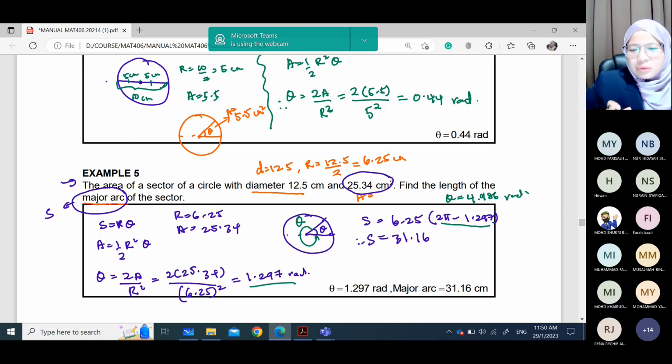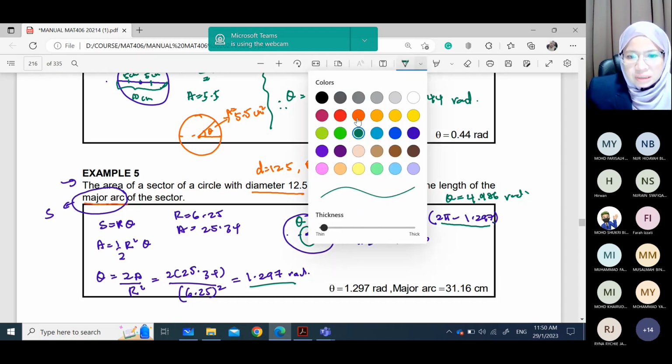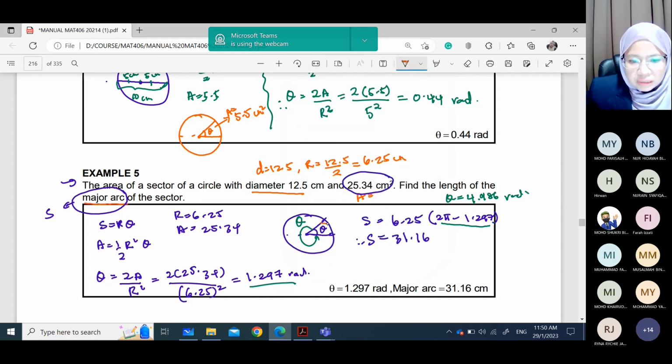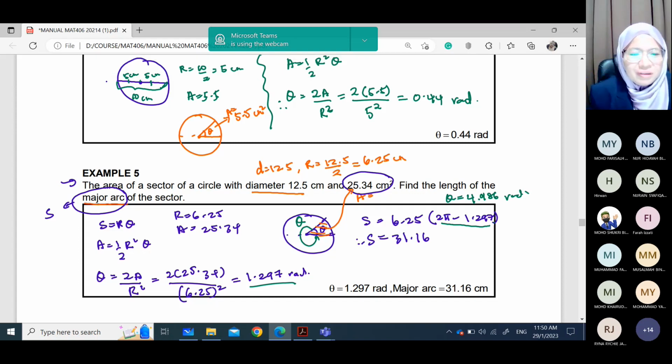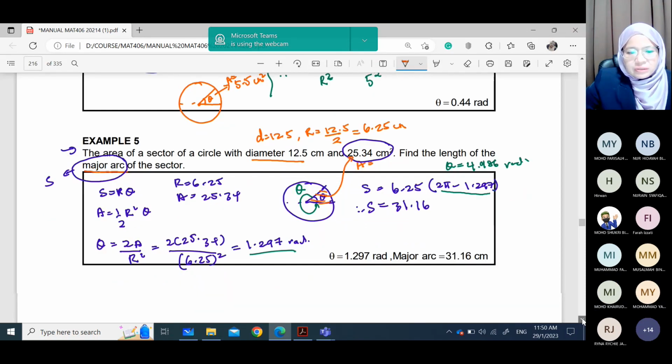So mana yang dia kata area tu, area yang 25.34 centimeter squared yang di dalam ni. Yang color shade, yang color orange ni. Ini adalah area dia. Area yang ini. Okay, faham? Okay, very good.